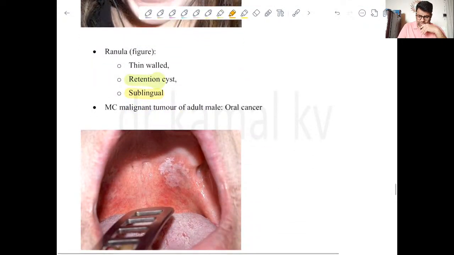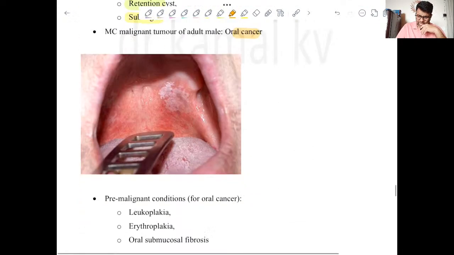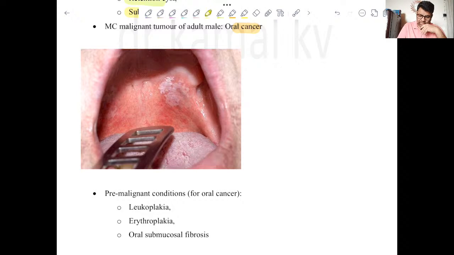Of course, the most common tumor is oral cavity. Then here you can see a leukoplakia. Clear? And this is counted as one of the pre-malignant conditions. So leukoplakia. Another condition is erythroplakia.